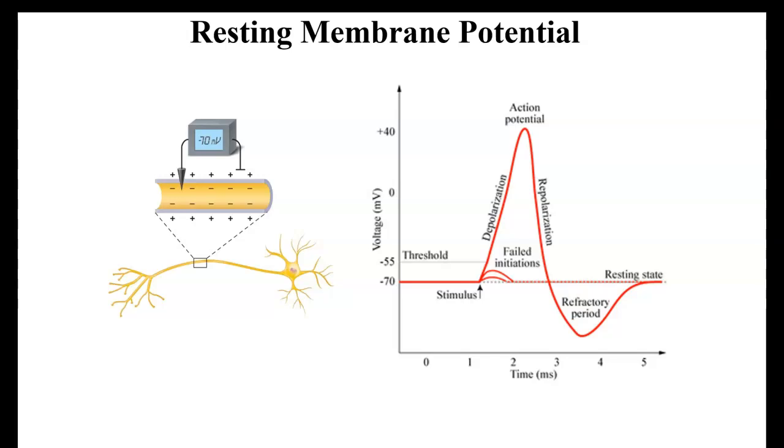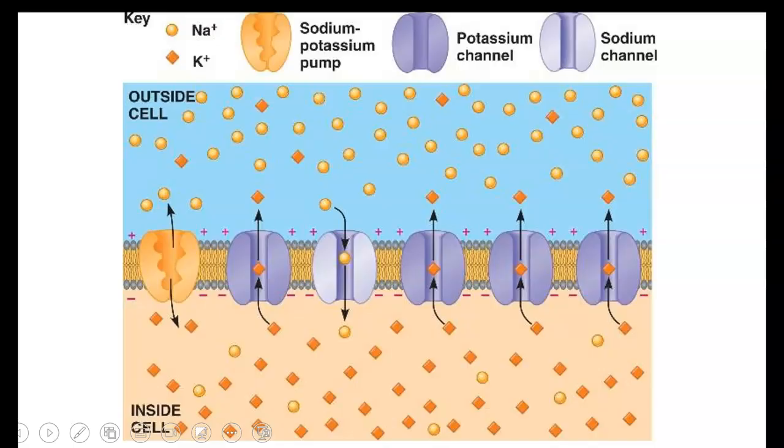They do this through small channels that do different jobs to help regulate this voltage so that the resting membrane potential is regulated at negative 70 millivolts, accomplished by these little channels we're getting ready to see in the next picture.